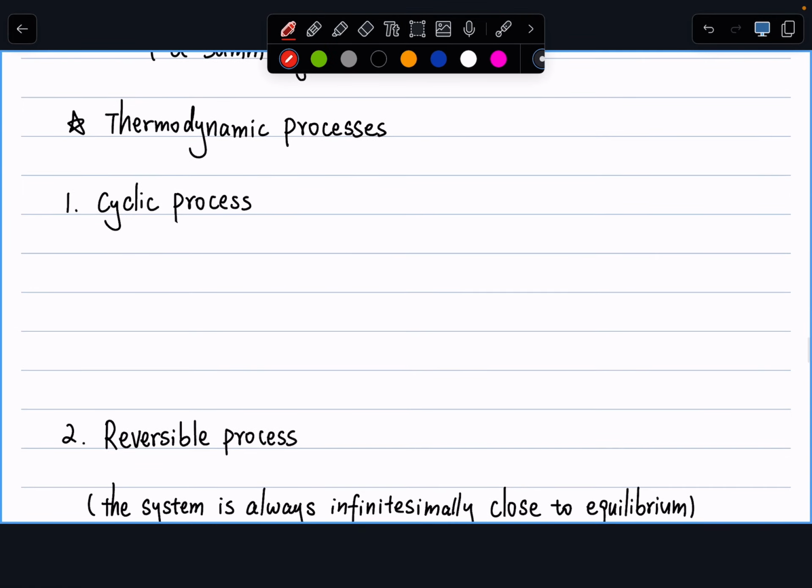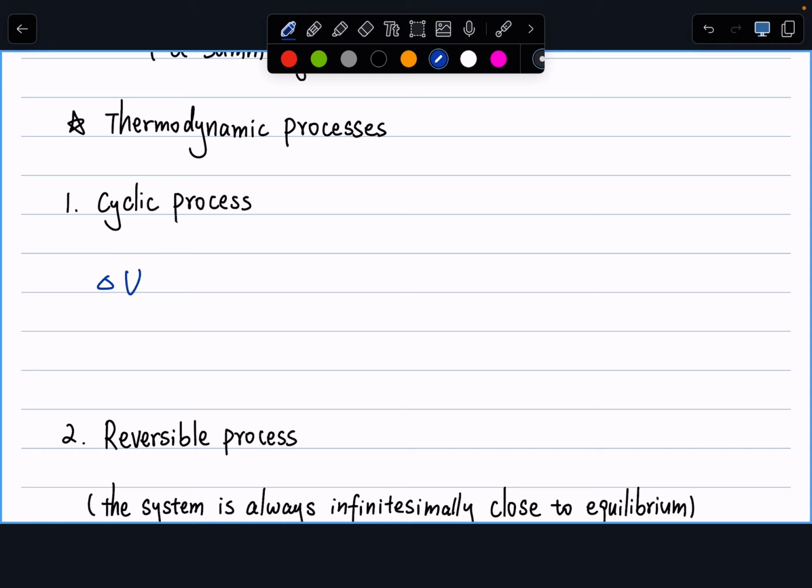So in this case, the first one, cyclic process. The definition of the cyclic process tells us we have the same initial state and final state. Effectively, for any cyclic process, all the state functions do not change or remain constant.